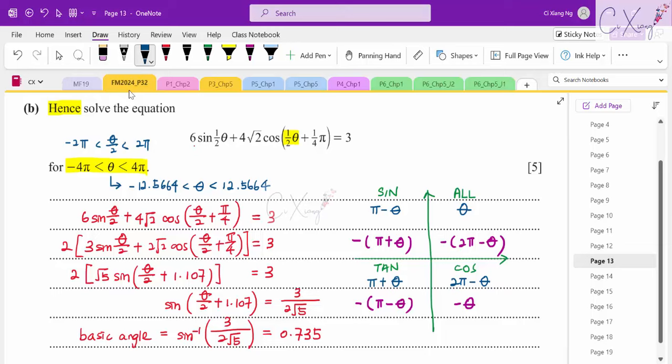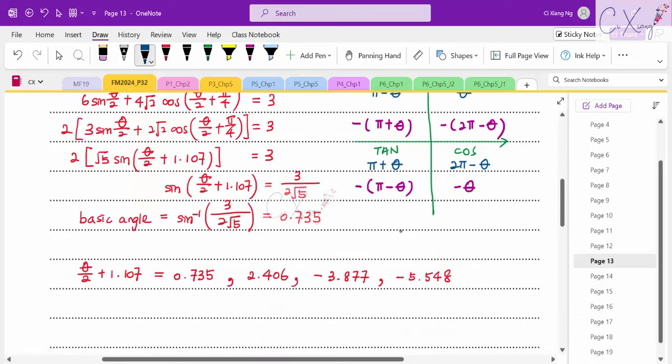We just need to adjust them back. But in general, for theta over 2, the main idea is to find the answer from the quadrants going for positive 2 pi and also negative 2 pi, which is one round in each direction. So when I go through one round each direction, the theta over 2 answers that I get would be something like this.